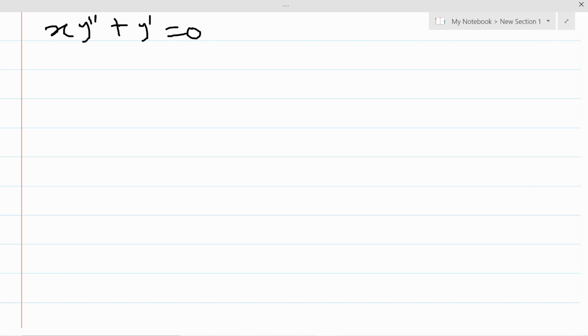What this equation means is that if there is a certain function that I differentiate two times, multiply by x and add to the first derivative of the function, I get 0. And we are saying that the function y equals ln of x is a solution to this differential equation on the open interval -1.